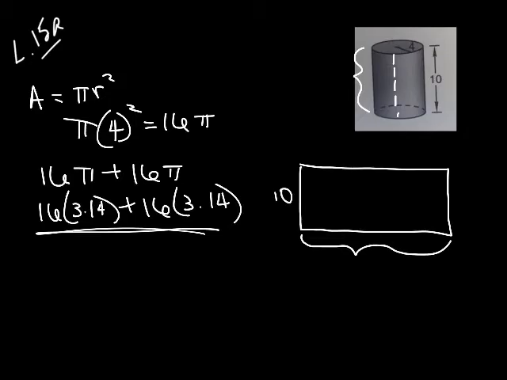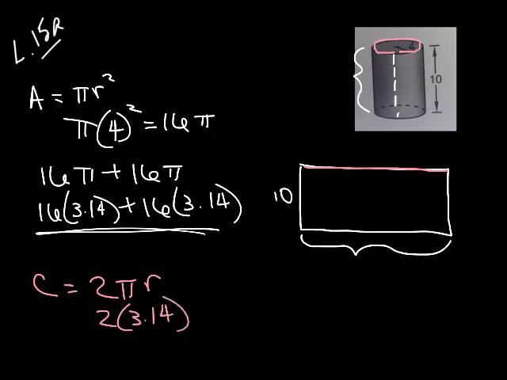Well, we know the length of it is, and I'll do it here in red, from here around back here again. So that would be this length right there. Well, that's called the circumference. And we know the circumference of a circle is 2 pi r, or 2 times 3.14. And what is the r? The r is the radius, which is 4.